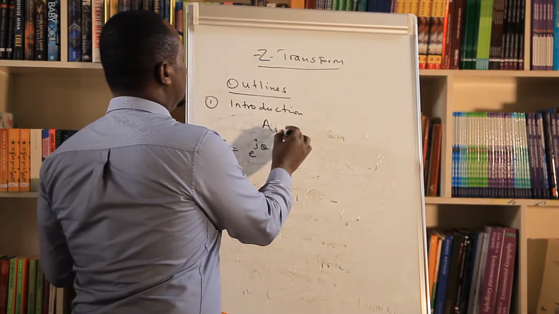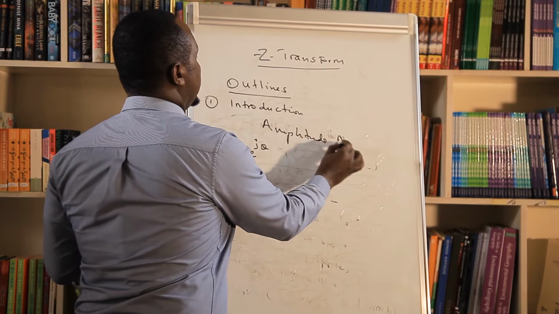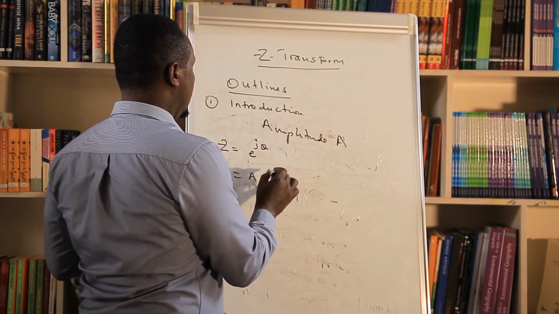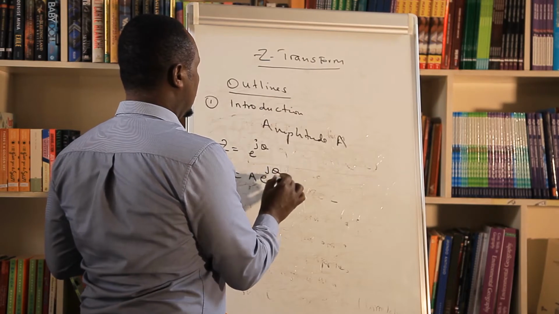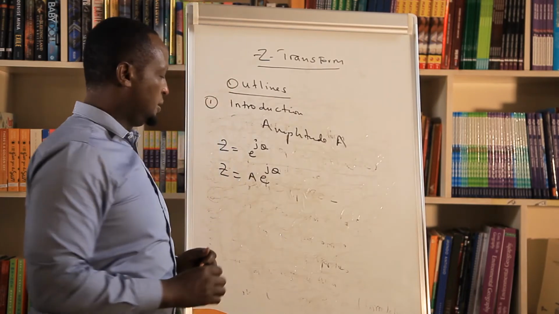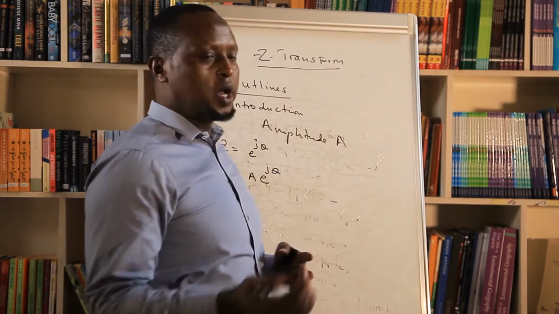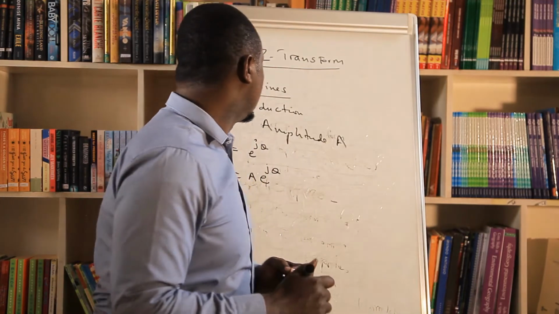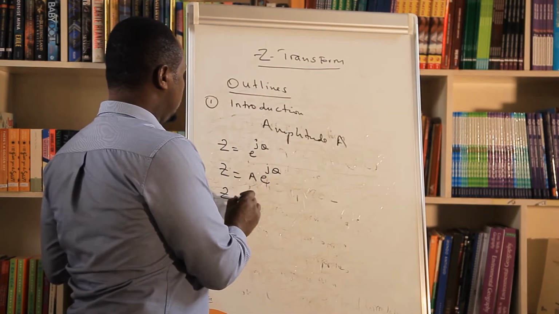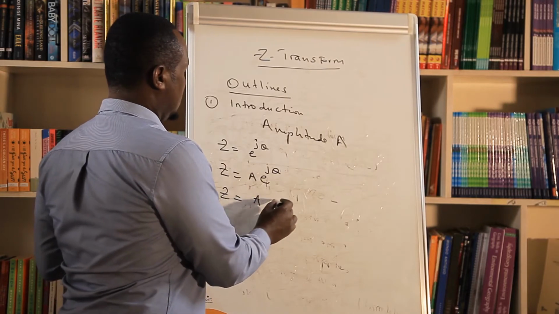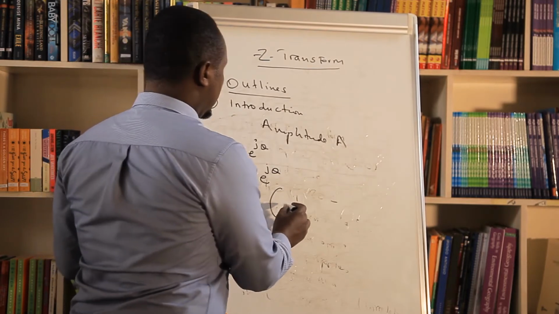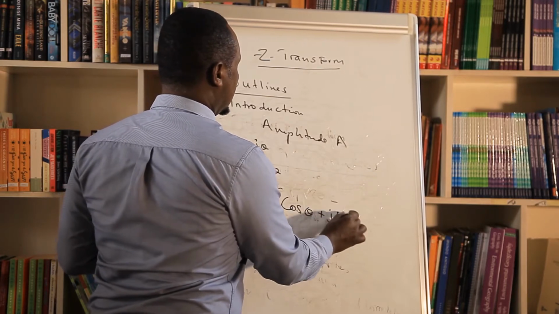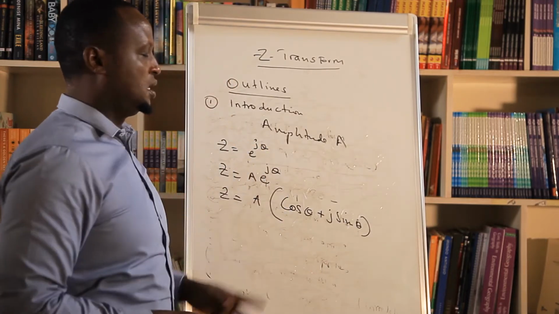So we are going to add amplitude A, and Z becomes A times e to the power j theta. Recalling complex values and trigonometric numbers, we can convert this into A times the bracket cos theta plus j sine theta. This is when it is extended.